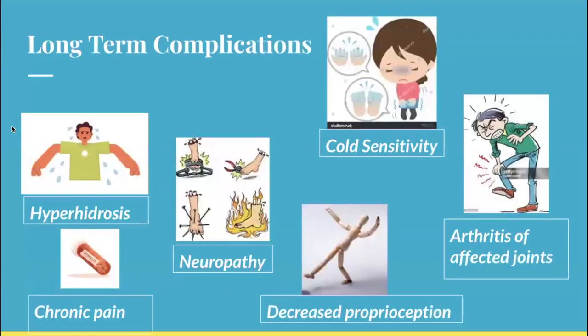The more long-term complications are hypersensitivity to cold, scarring, peripheral neuropathy, arthritis, decreased proprioception, hyperhidrosis, and it's important to note that the severity of these long-term complications correlates with the severity of the original injury.